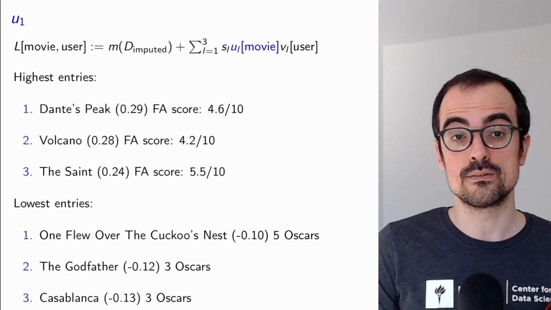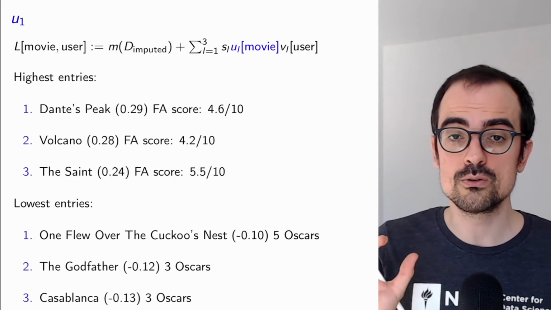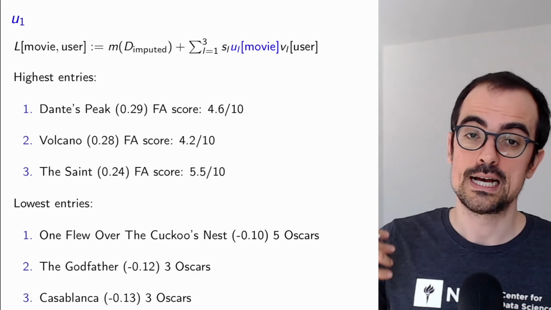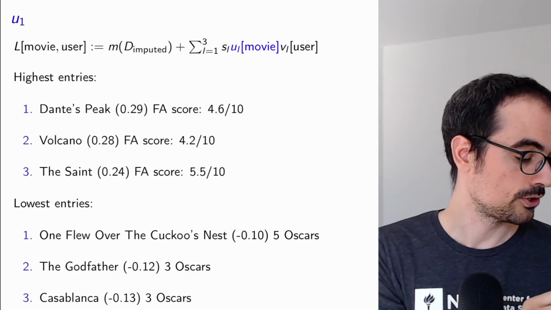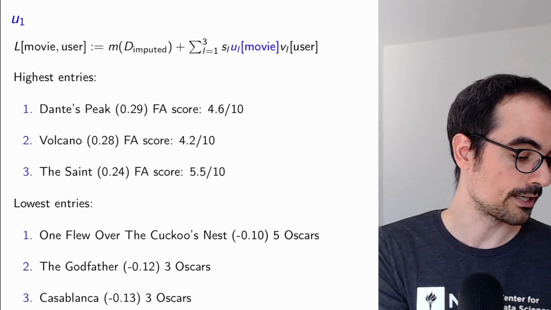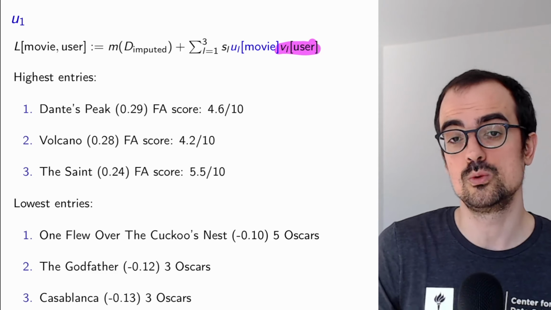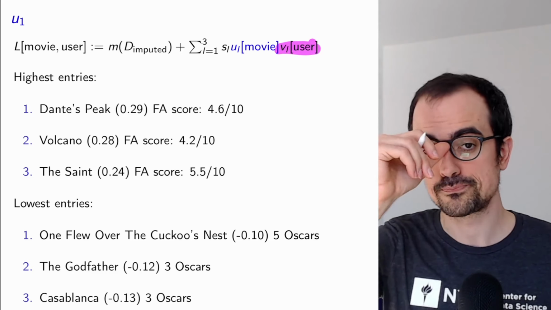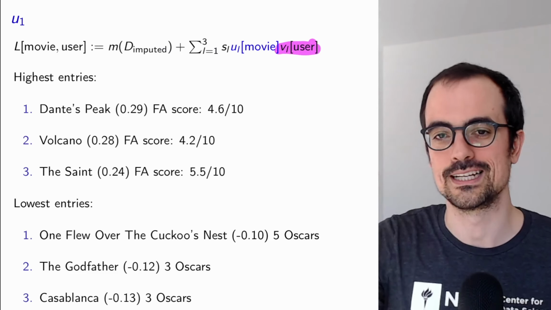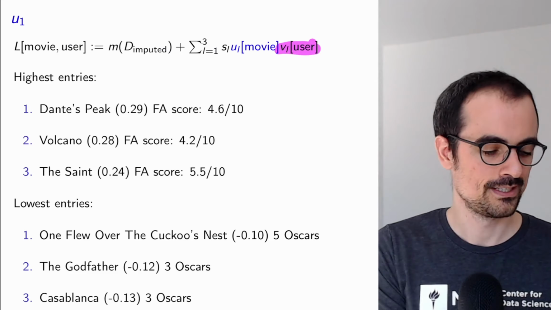So it seems that the first factor distinguishes between bad movies and good movies. So we could interpret the corresponding coefficient for each user in terms of, do they like to watch trash movies or do they want to watch critically acclaimed movies?